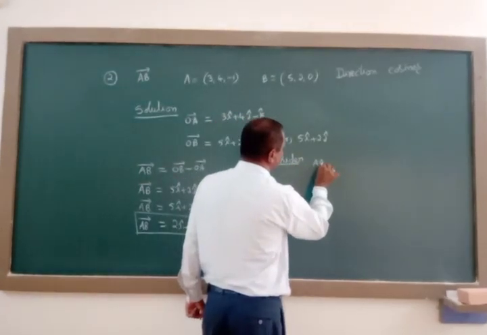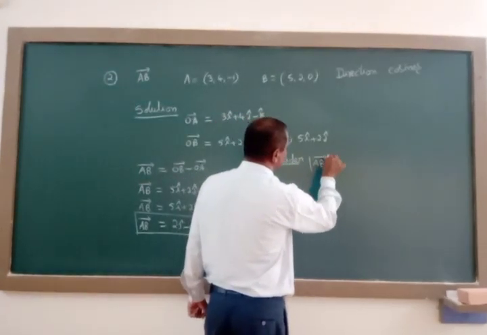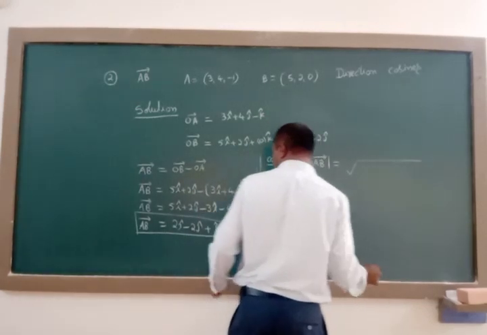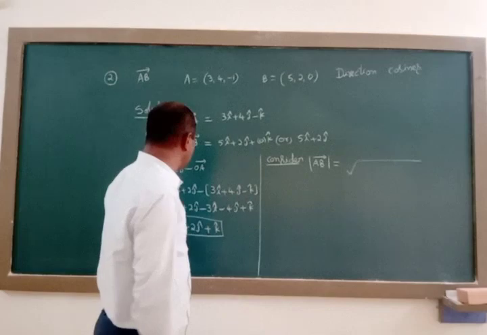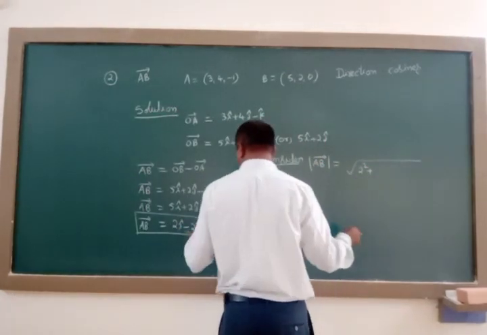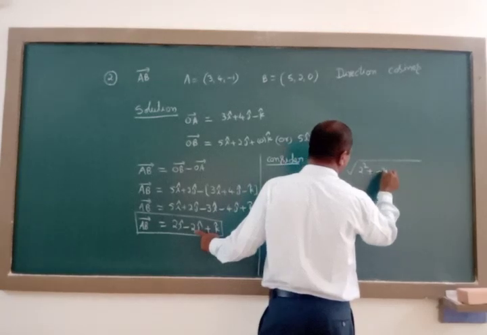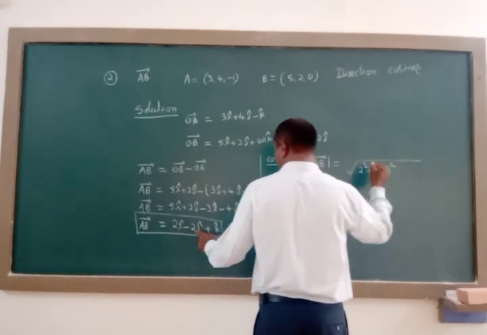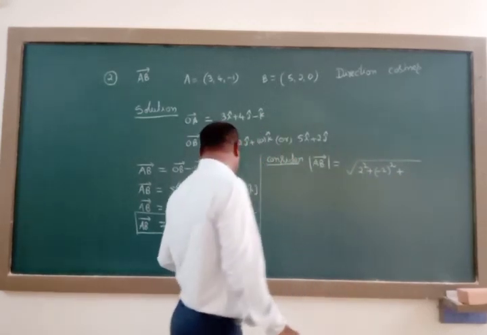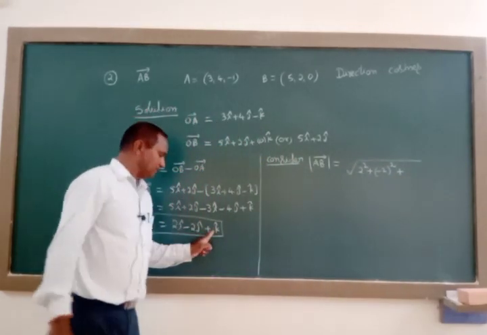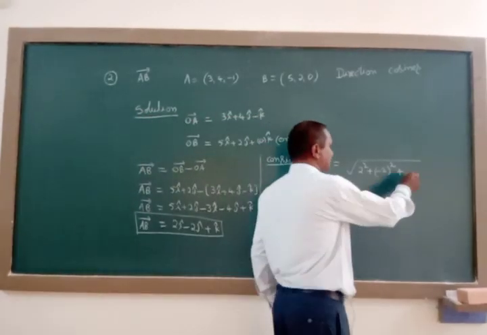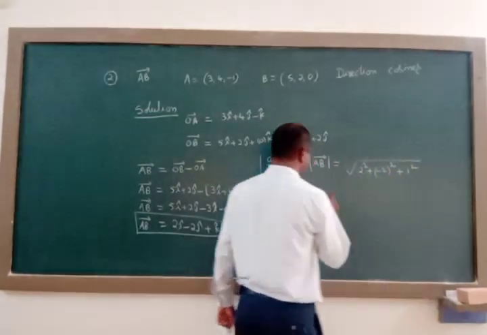Magnitude of AB bar is equal to square root of i cap coefficient squared, that is 2 square, plus j cap coefficient minus 2 whole square, plus k cap coefficient. There is nothing beside k cap, so we must consider that coefficient as 1, that is 1 square.